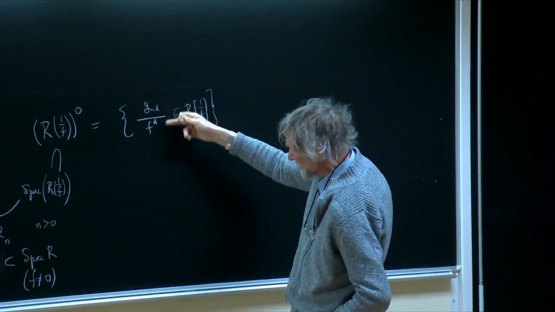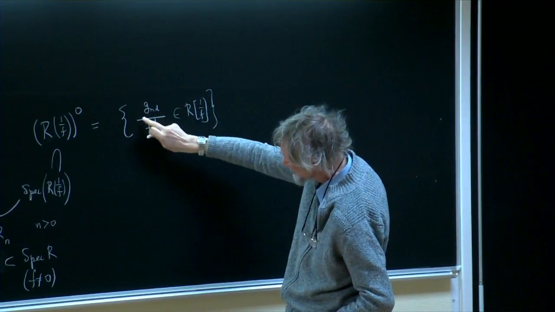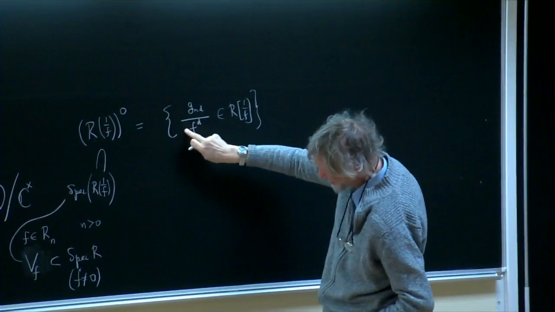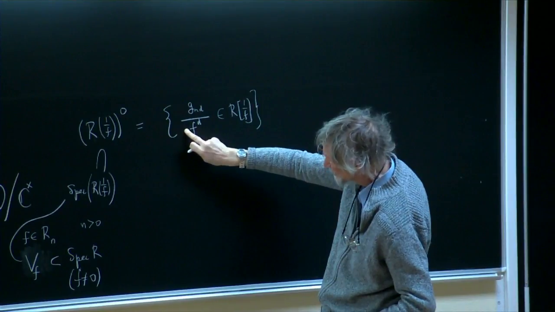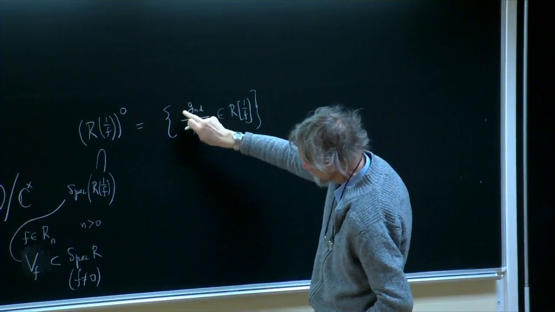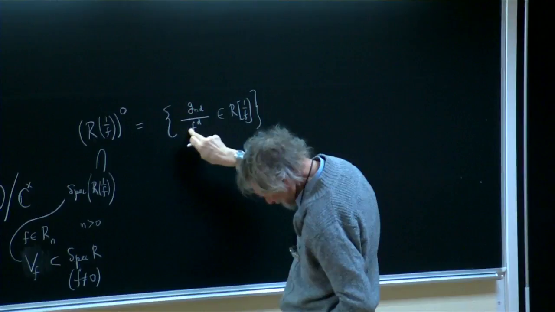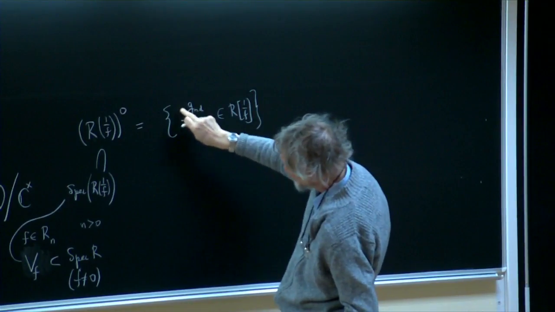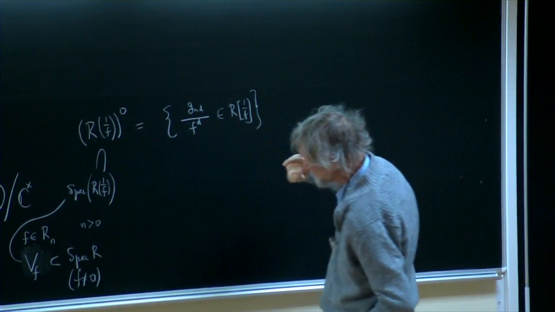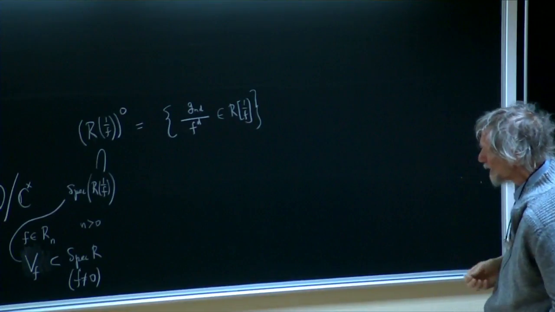So you define a rational function to be anything like this, where the top and the bottom have the same degree. Yes? Having the top and the bottom homogeneous of the same degree means exactly that it's invariant under C star.